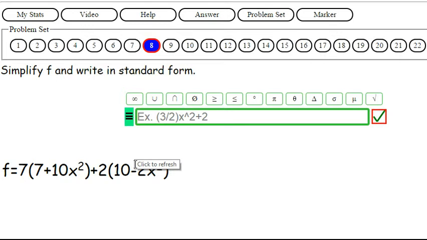We've got 7 times 7 plus 10x squared plus 2, and of course, as usual, the cursor's in the way. 10 minus 2x squared. Alright, we all got that?